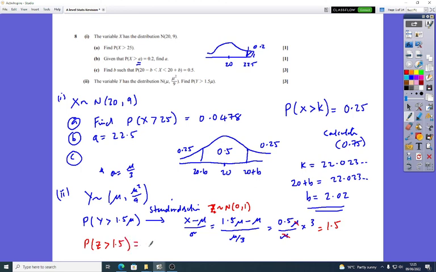If you put that in the calculator with these standardized conditions, you'll get a probability of 0.0668. I've done that to 3 significant figures. It does carry on, but we're okay with that.